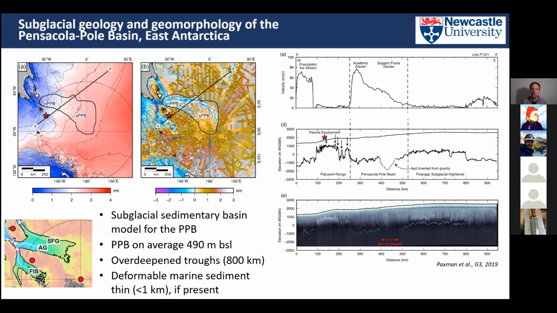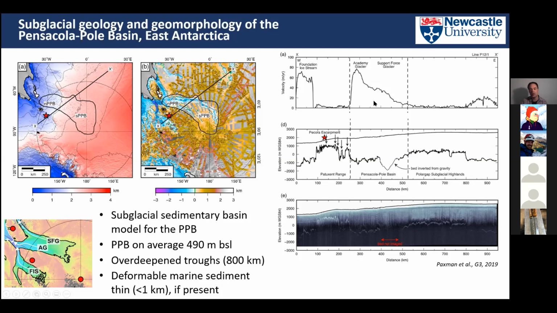And just to say very briefly, Guy also looked at the relationship in that paper between ice flow, which is the velocity map on the top. This is x to x prime, the profile which runs across here. This is ice surface elevation. You can see the high East Antarctic interior and the ice flow across the basin.